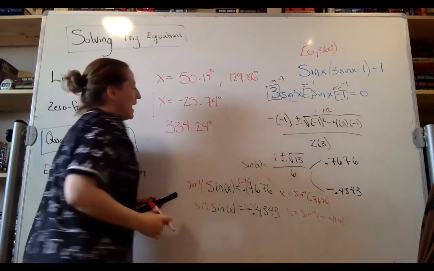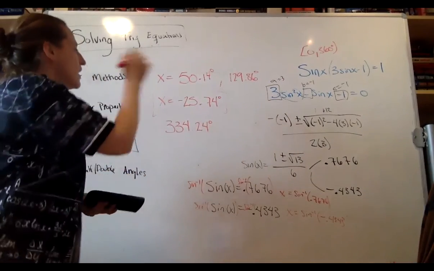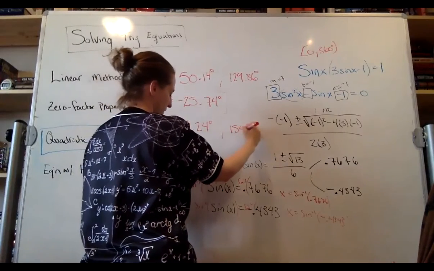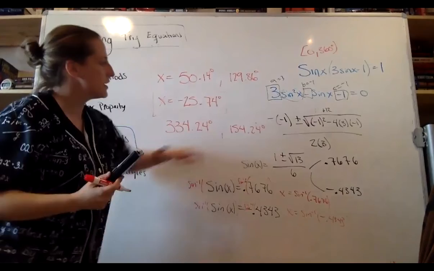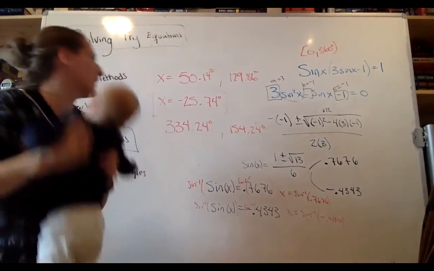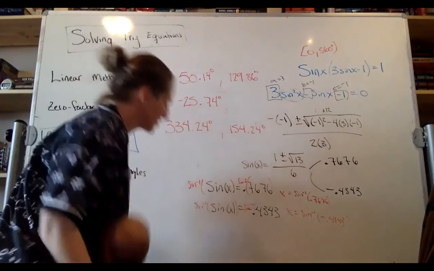And then we're going to subtract 180 from that to get our other value where sine is going to be equal to this. So then we also get 154.24 degrees. So 4 answers we got using the quadratic formula, and then thinking about how sine works, we also got to practice our calculator skills with this one.